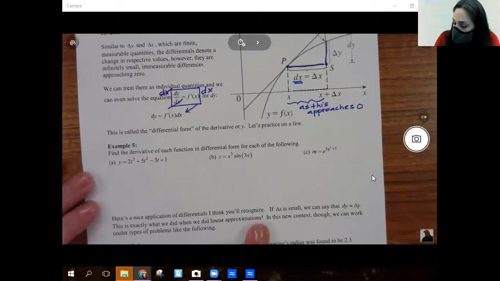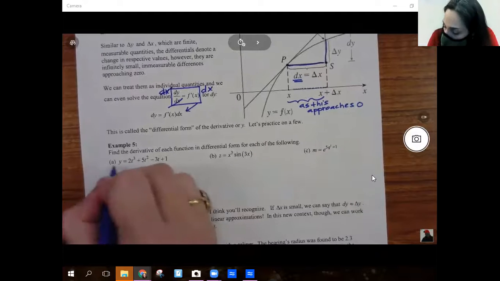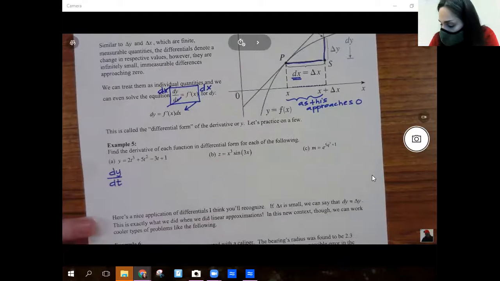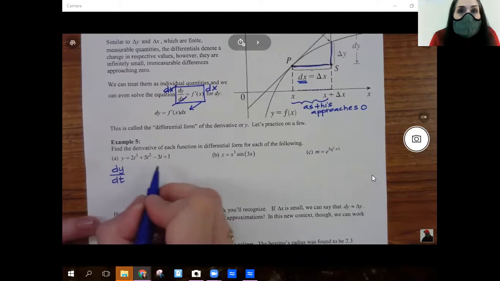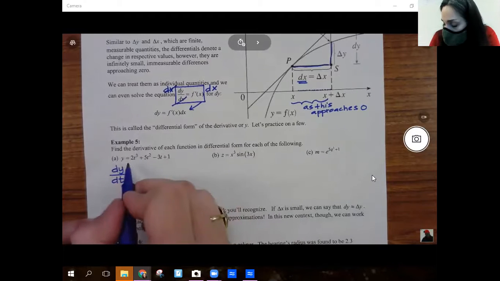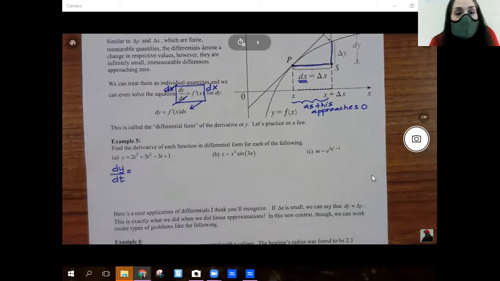So in example number 5, you're being asked to find the derivative of each function in differential form. So this is how you do it, okay? We're going to do the derivative of this. So that would be dy over dt, right? Because the variable that we've got is a t. That's why it's a t in the bottom. What's going to be the derivative of 2t cubed plus 5t squared minus 3t plus 1?